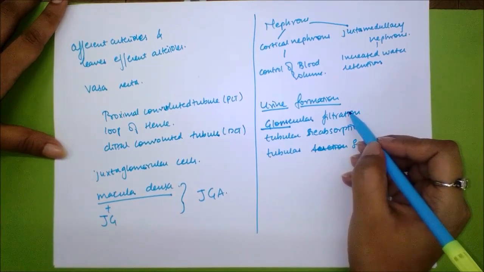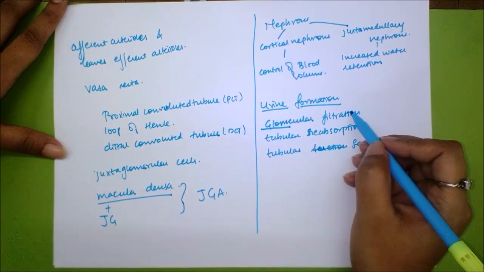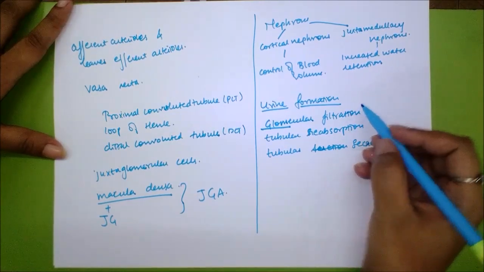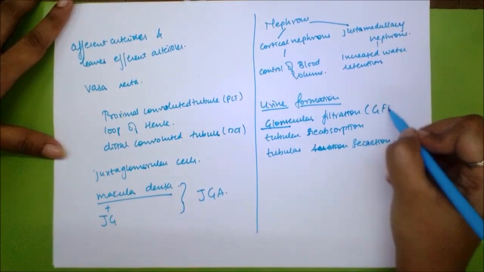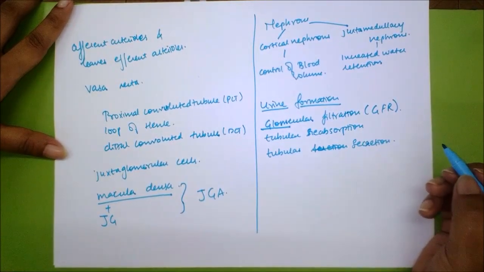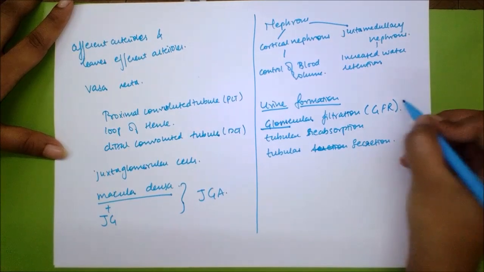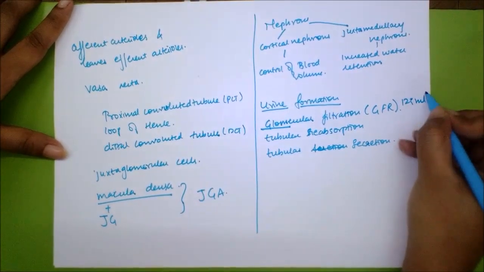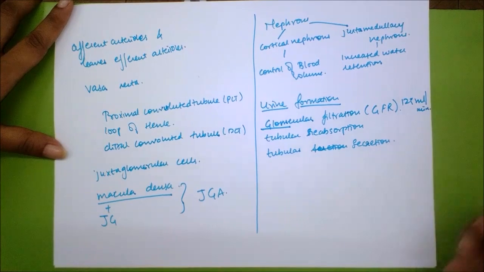The quantity of glomerular filtrate formed each minute in all the nephrons of both the kidneys is called the glomerular filtration rate, that is GFR. In a normal person, GFR is 125 ml per minute.